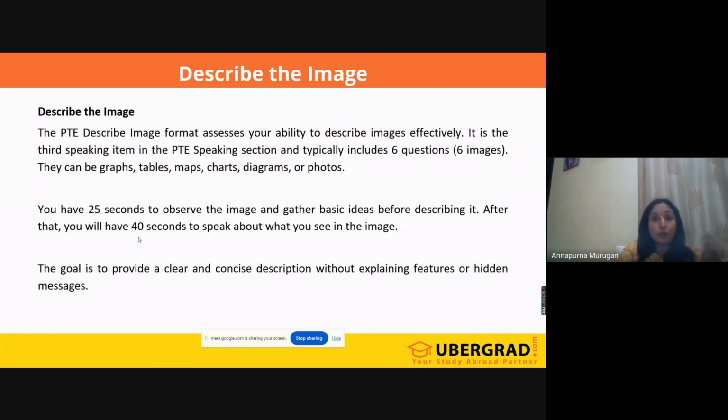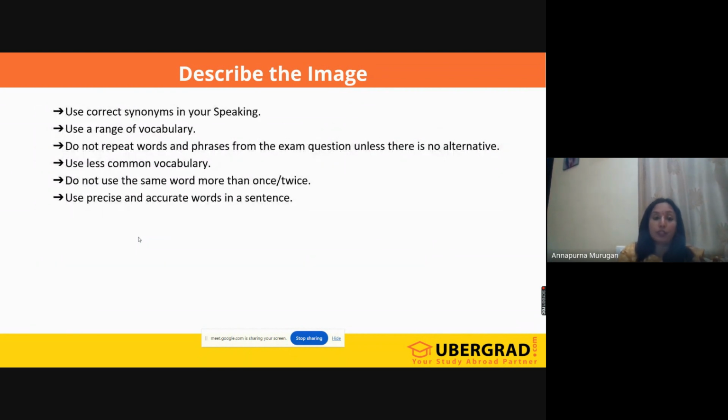Within 40 seconds you can't use so many simple sentences to describe each part. So mostly the sentence structure has to be compound and complex. The goal is to provide a clear and concise description without explaining features or hidden messages.